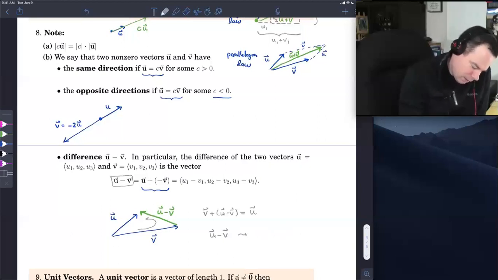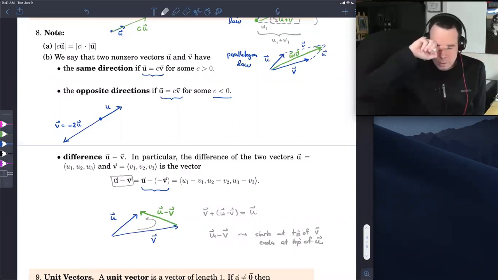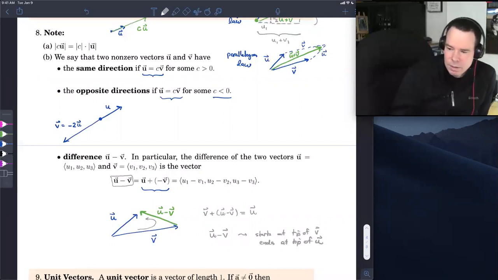This is a vector that starts at the tip of v and ends at the tip of u. If you want to think of it that way, you get it by this tip minus tail kind of approach.